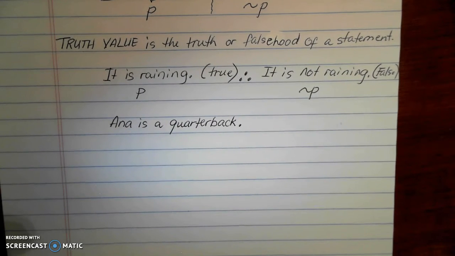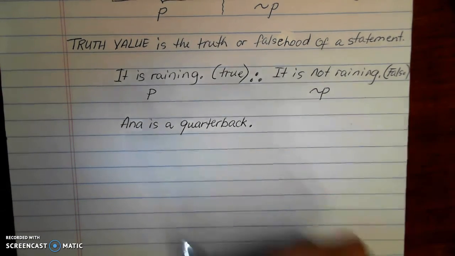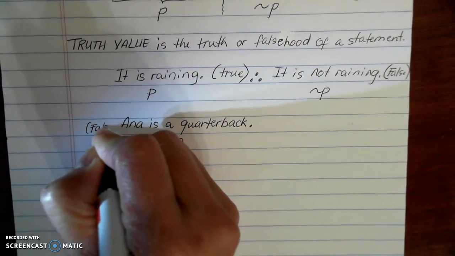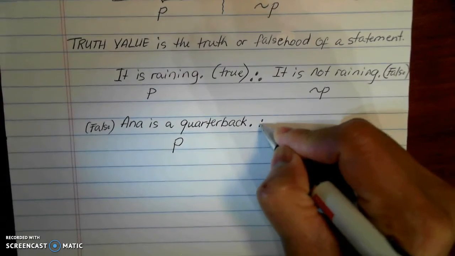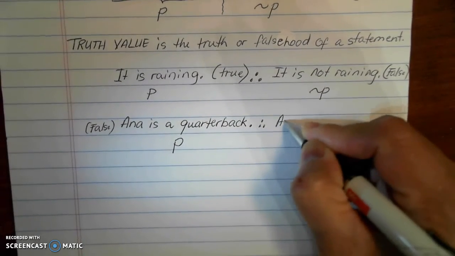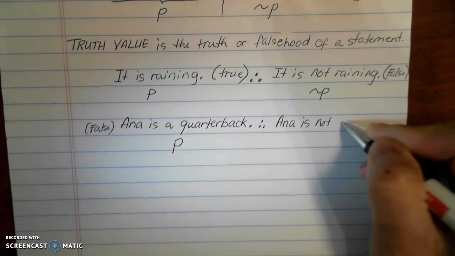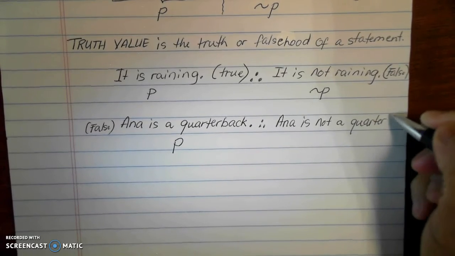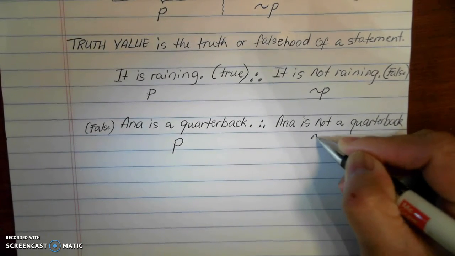Example number 2. Anna is a quarterback. If this statement from the beginning is false, the negation of this, which is Anna is not a quarterback, will become true.